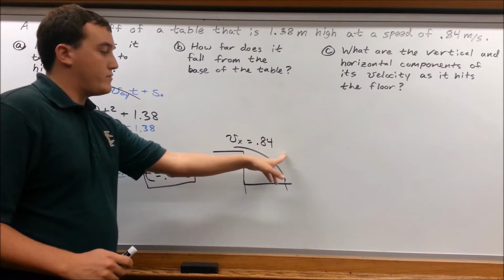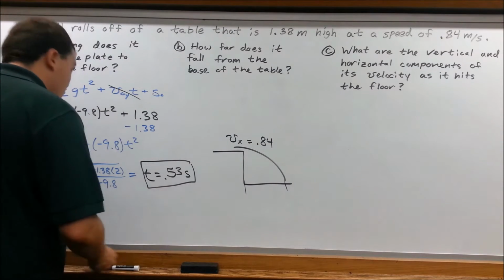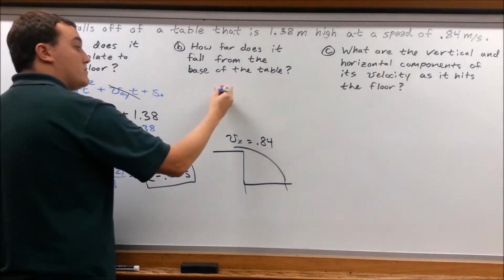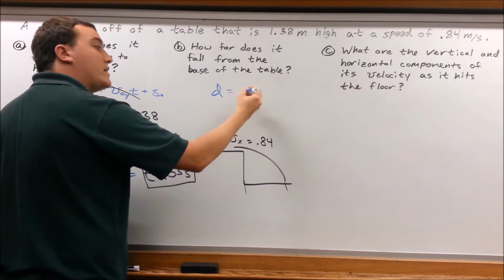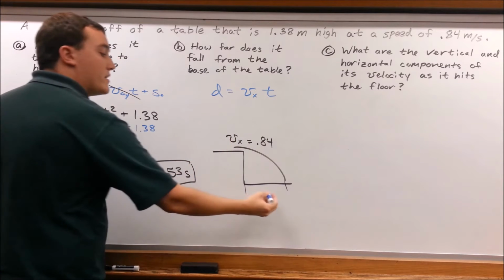0.84, 0.84, 0.84. Times this time, we're just using distance equals rate times time. Distance equals rate, or velocity in the x direction, times time. So that gives us our d here.